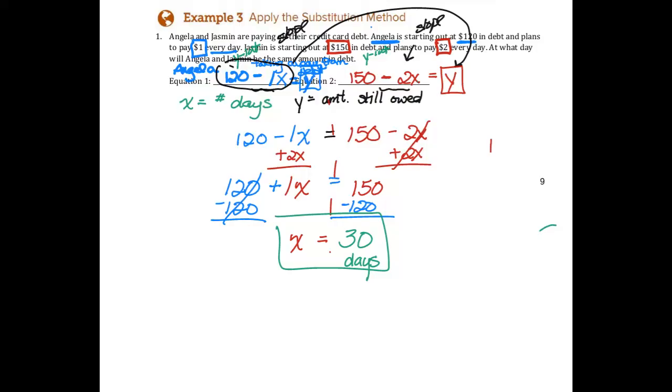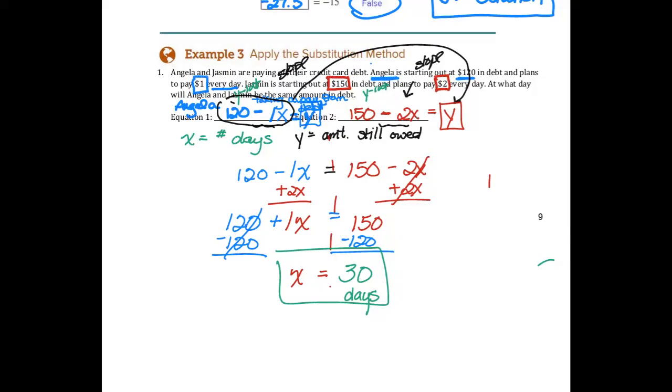We don't really have to solve for y, okay? But we could to figure out how much that debt would be when they were equal. So I'm just going to do it for funsies because I'm a math teacher like that. So I'm just going to substitute that x back in. 150 minus 2x is equal to y. So 150 minus 2 times 30 is equal to y. 150 minus 60 is equal to y.